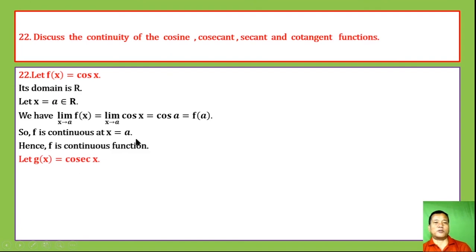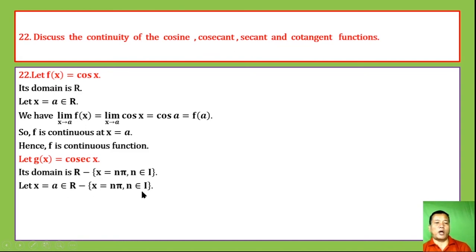Let g of x be cosec x. Its domain is R minus x equal to n pi, n belongs to I. Let x equal to a belong to R minus x equal to n pi, n belongs to I. We have limit of g of x as x tends to a equal to limit of cosec x as x tends to a, which is cosec a, which is the value of g of a.